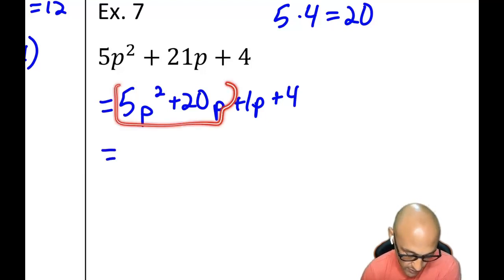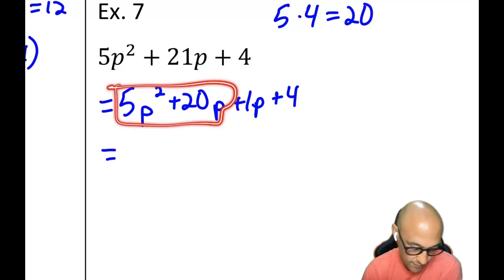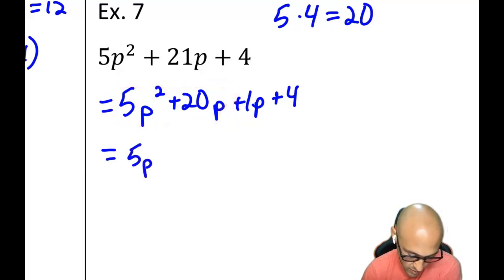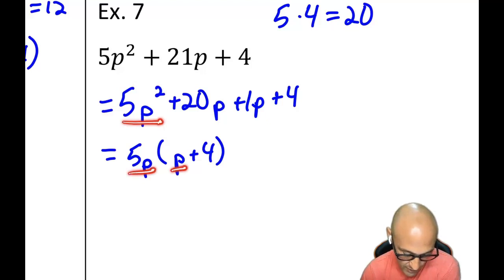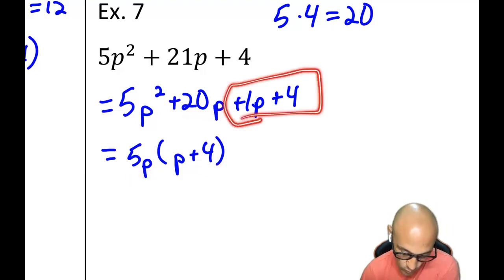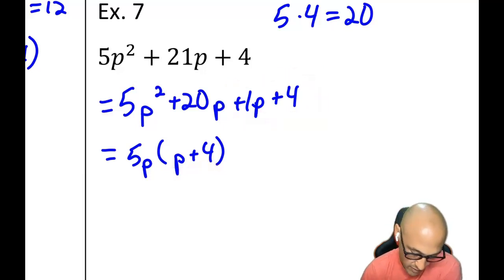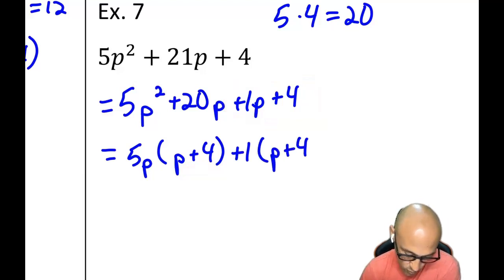Now, these parts, I can factor out 5p multiplied by p plus 4, because 5p squared divided by 5p is p. 20p divided by 5p is 4. And now here, this is 1p plus 4, p plus 4, same thing. So I'm just going to have plus 1 times the quantity p plus 4.